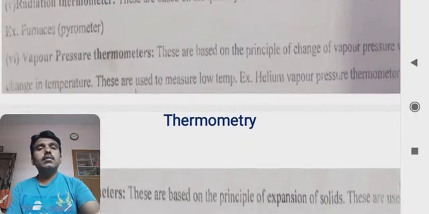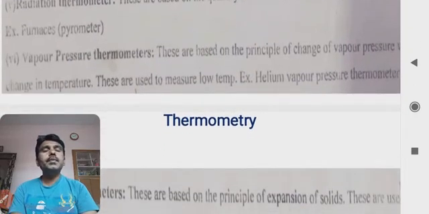Another one is the vapor pressure thermometer.